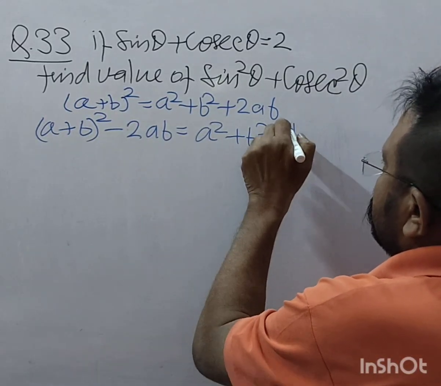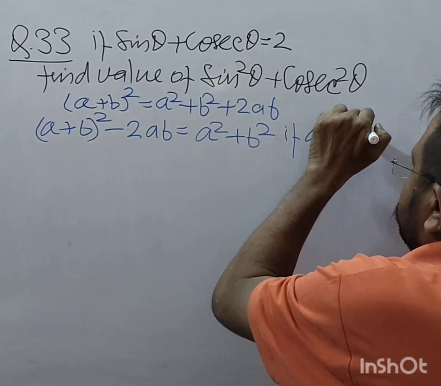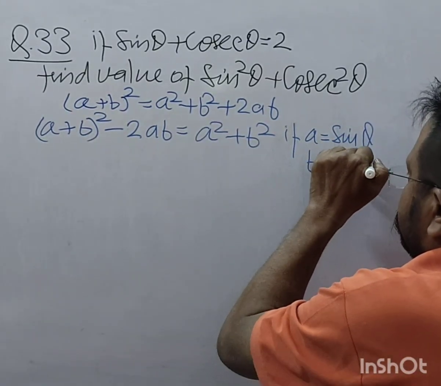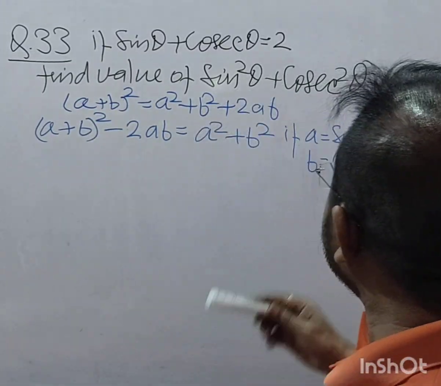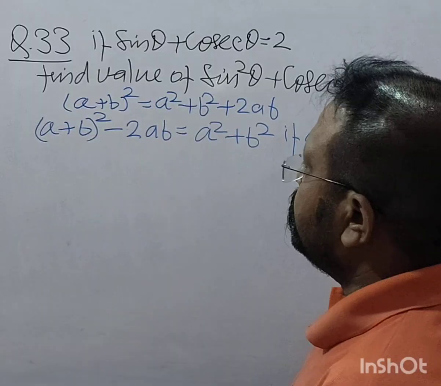If a is equal to sin theta and b is equal to cosec theta, then what happens?